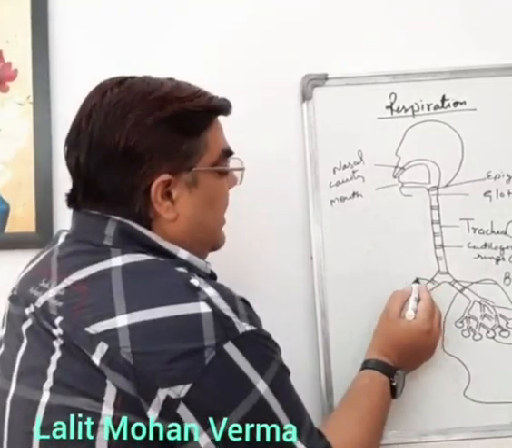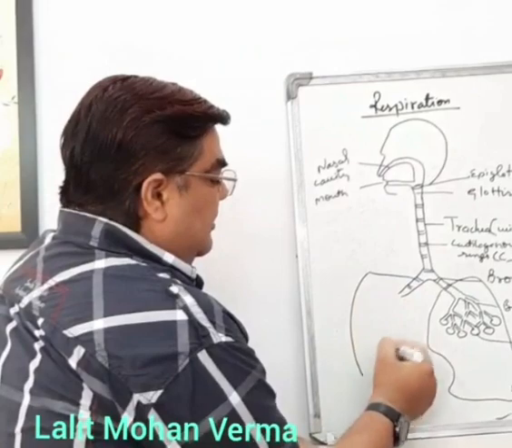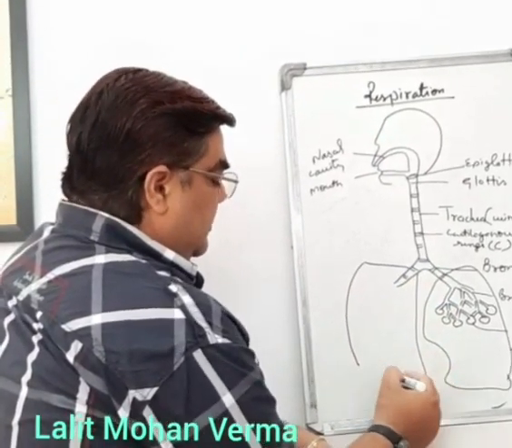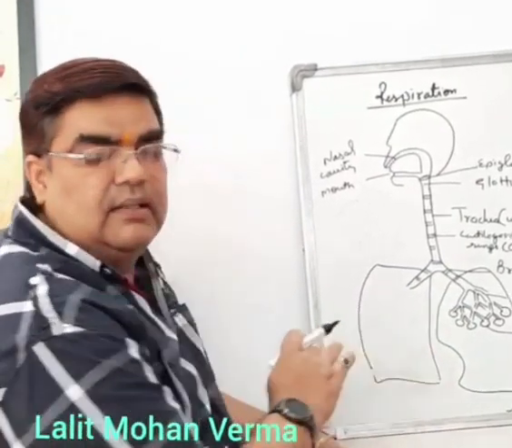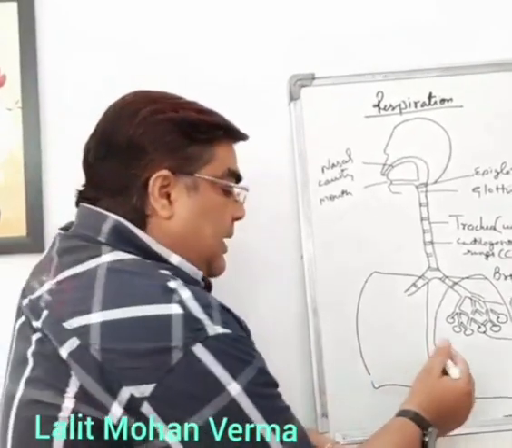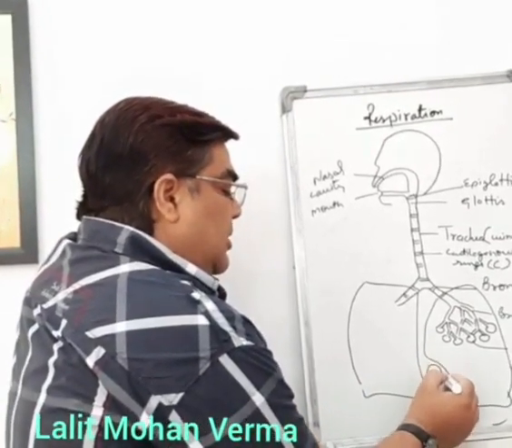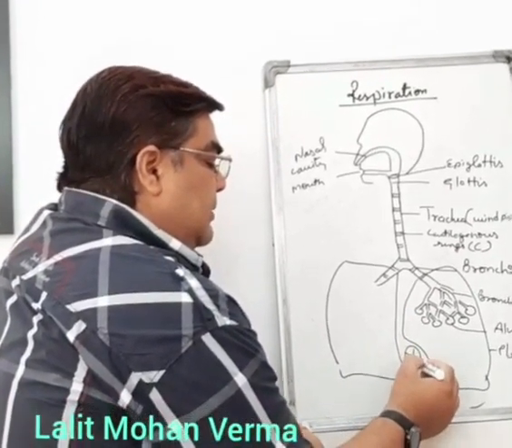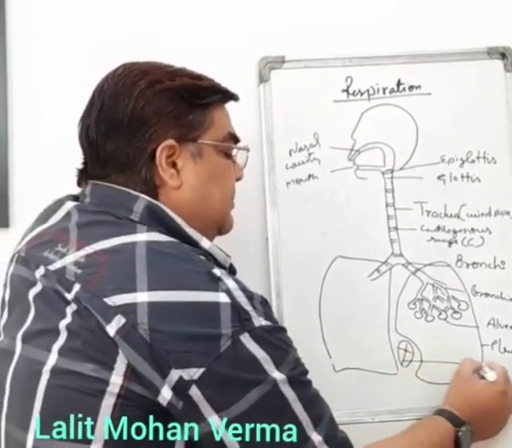This is the left lung, and in the left lung you can see there is a notch, and like that this is the right lung. The right lung doesn't have any notch. Why is the notch on the left side? Because here the heart is situated.